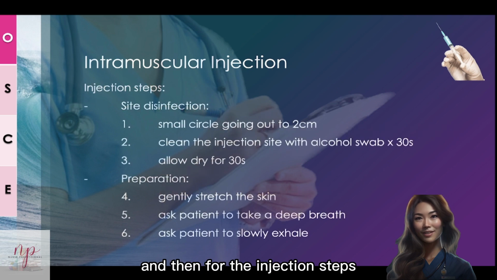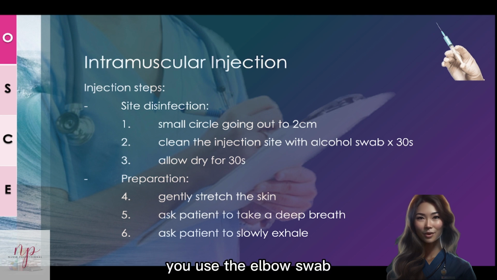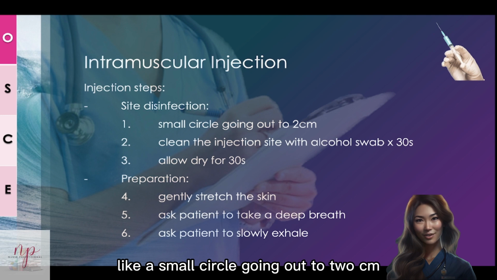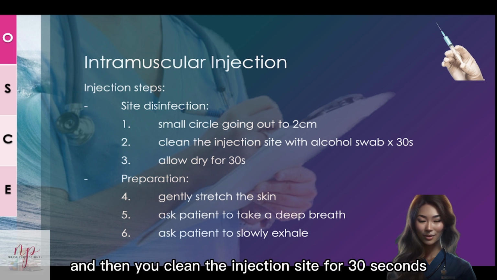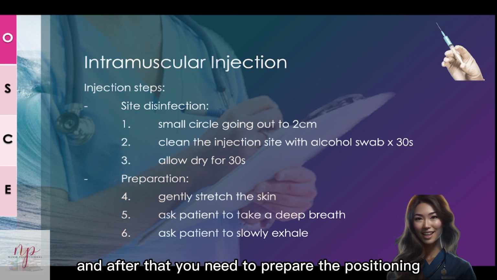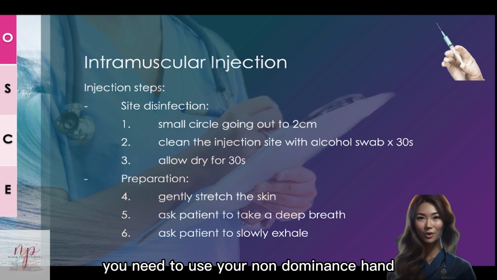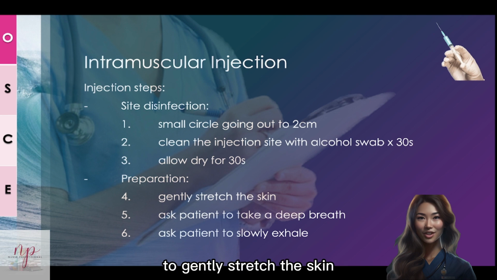And then for the injection steps, first we need to do the site disinfection. You use the alcohol swab to clean it, in a small circle going out to 2 cm. And then you clean the injection site for 30 seconds and allow it to dry for 30 seconds. And after that, you need to prepare the positioning. You need to use your non-dominant hand to gently stretch the skin.